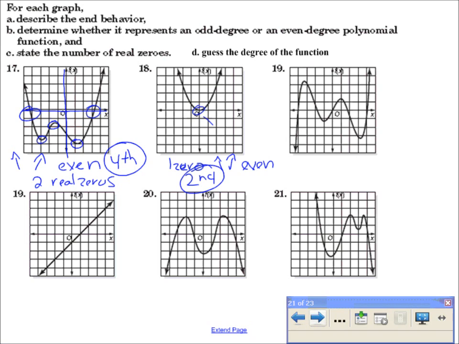All right, number 19. The end behavior is down, up, so that's clearly odd. There are 1, 2, 3, 4, 5 zeros. There are 1, 2, 3, 4 turning points. So I'm going to guess 5th degree.